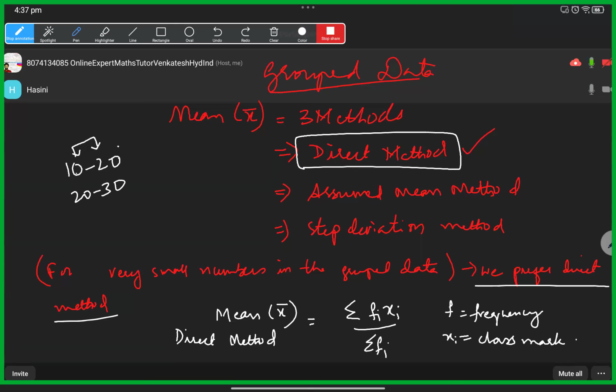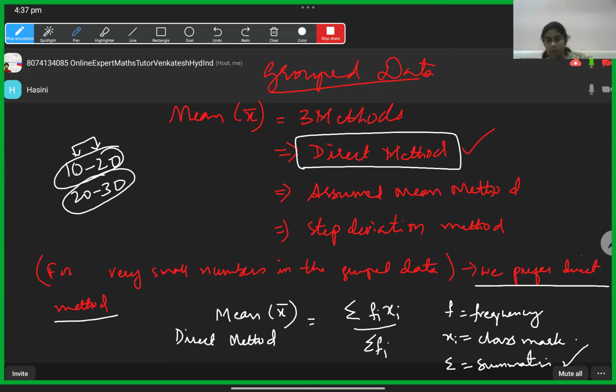We call that the class mark of the class interval. Sigma is the summation symbol; summation means adding things. I'll tell how to do it while doing the sum. So this is the formula for finding the mean by the direct method.